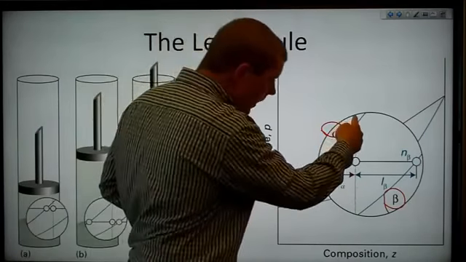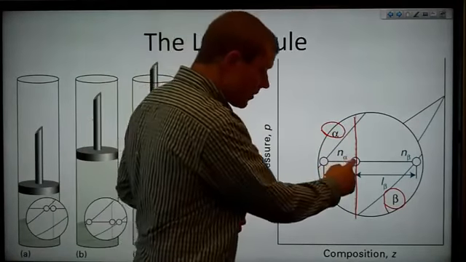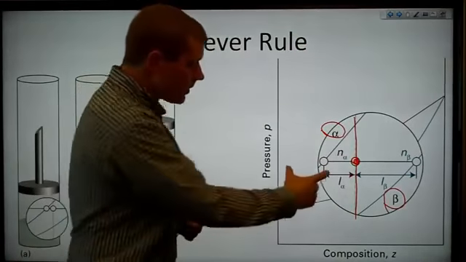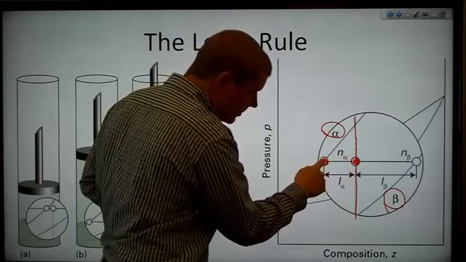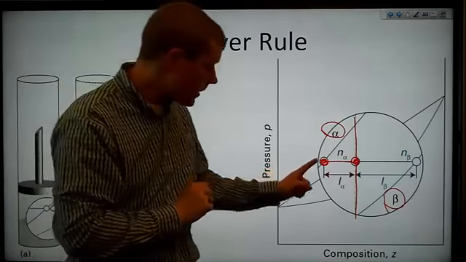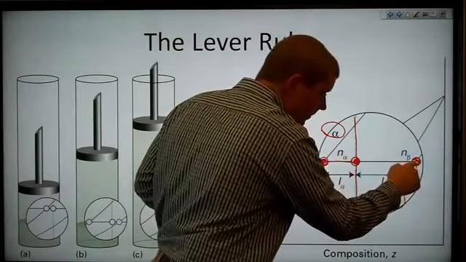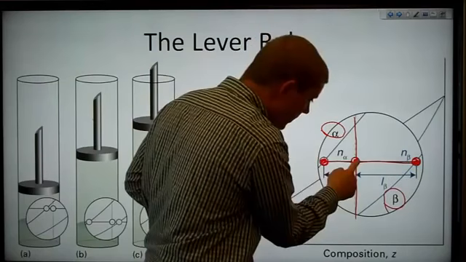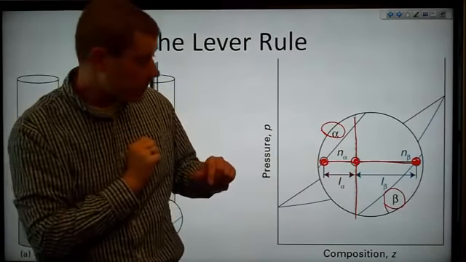Whatever the overall composition is, that's that point, or that line, the isopleth. We have some point on that line, and Lα is the distance between this point and the point on the isopleth.